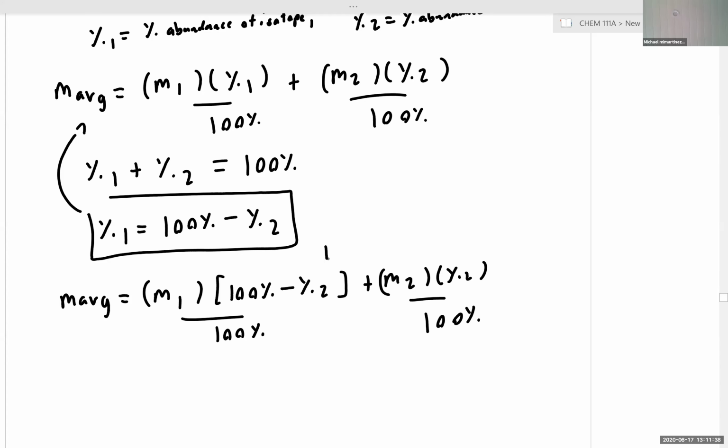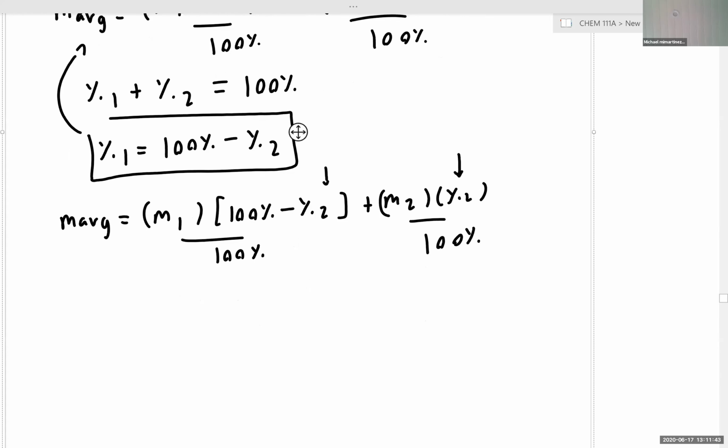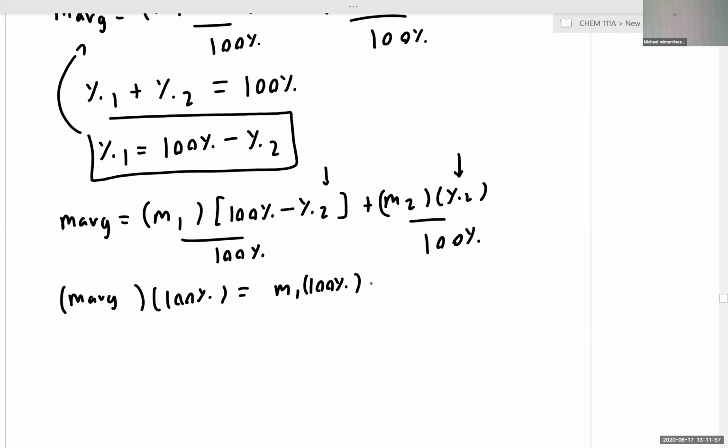Now we're going to group together all of our terms with the percentage of isotope 2, and that in turn gives us the average atomic mass times 100% is equal to the mass 1 times 100% minus the mass of isotope 1 times the percentage of isotope 2 plus the mass of isotope 2 times the percentage of isotope 2.